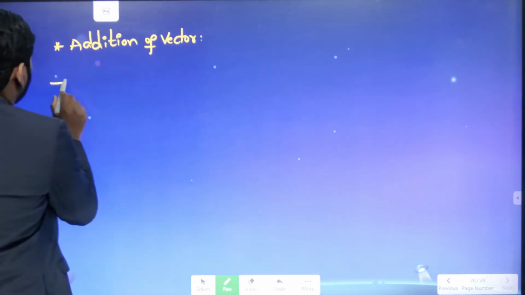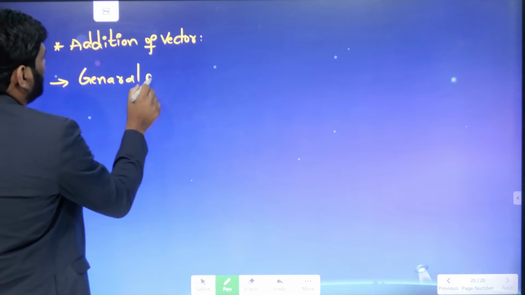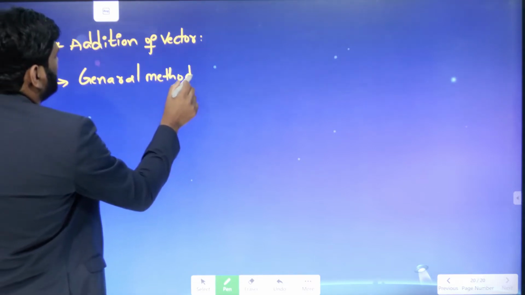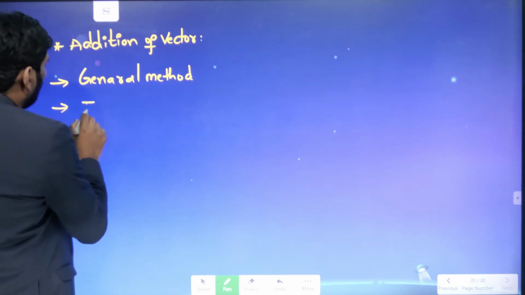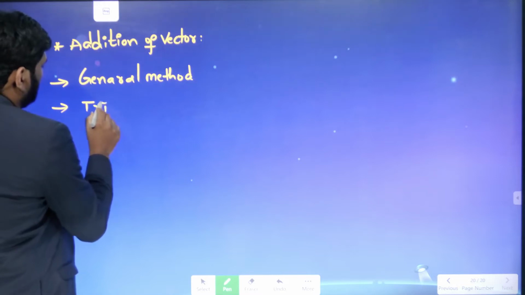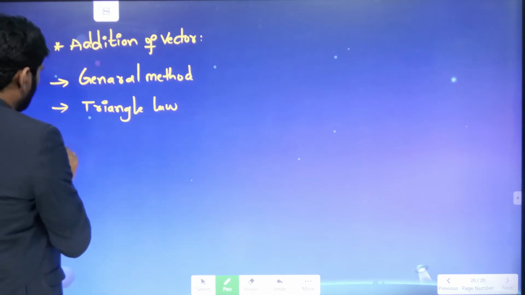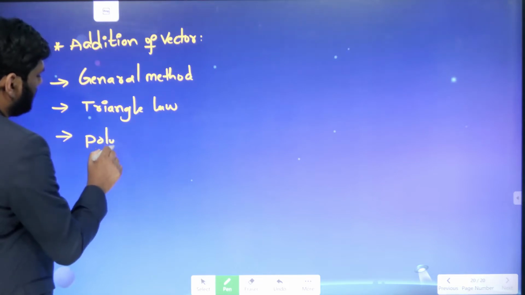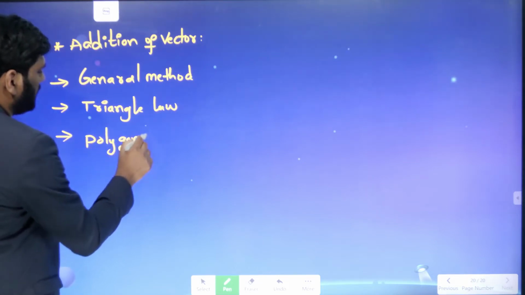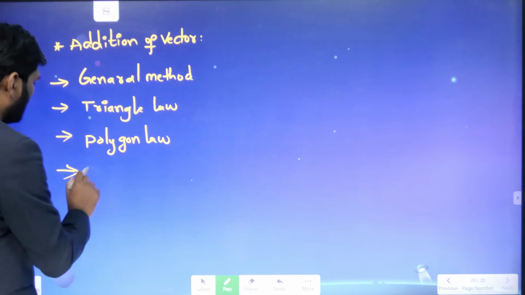The first method is the general method, the second one is the triangle law, next is the polygon law, and the most important one is the parallelogram law.